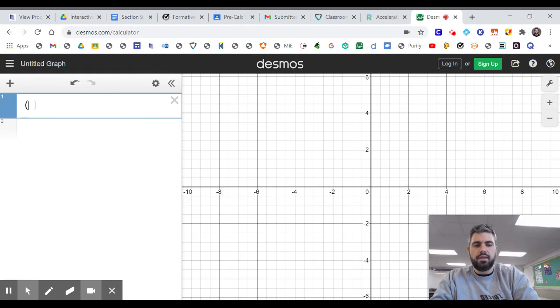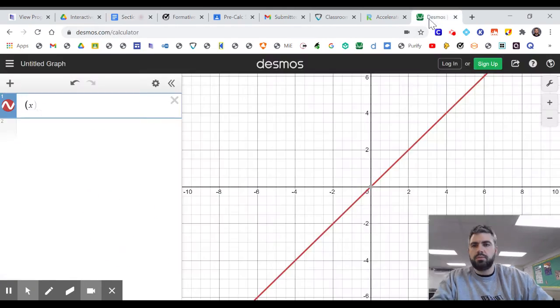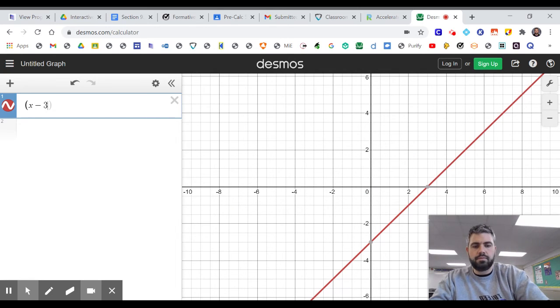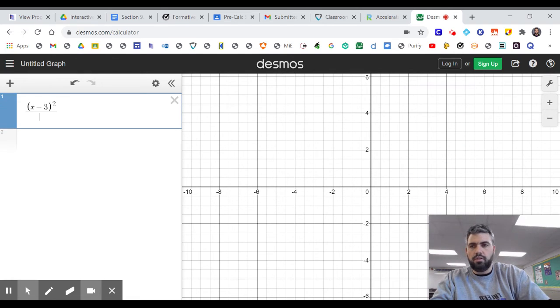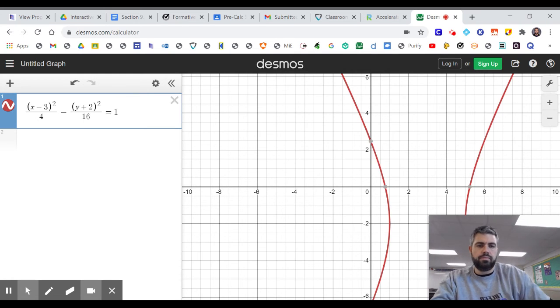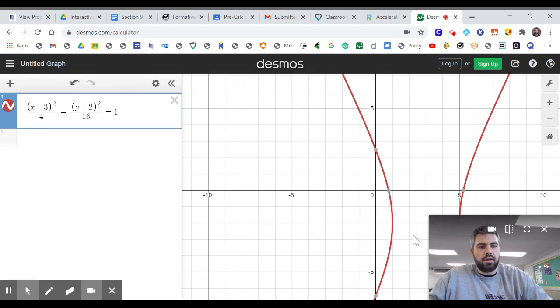We had our equation: (x minus 3) squared, all of that divided by 4, minus (y plus 2) squared, all of that divided by 16 equals 1. Okay, so there's our hyperbola right there.